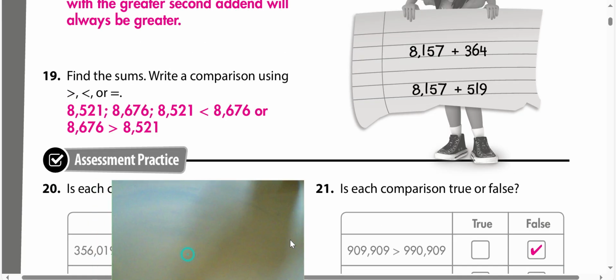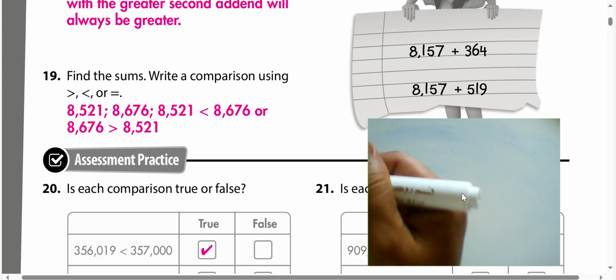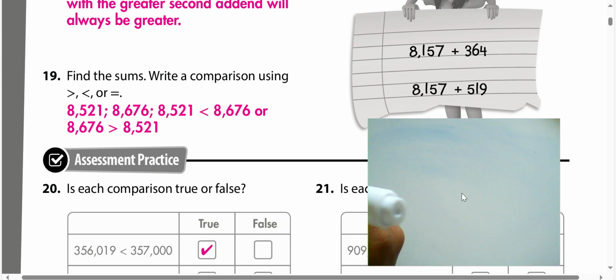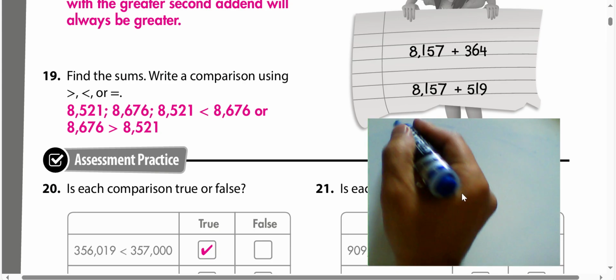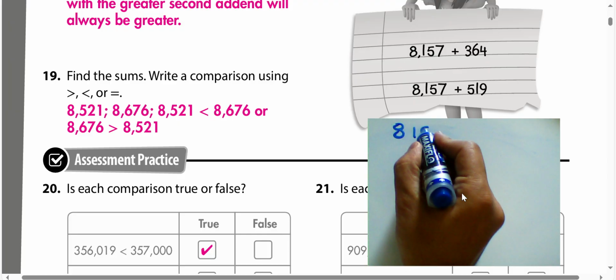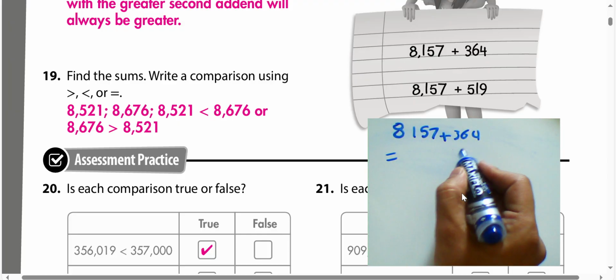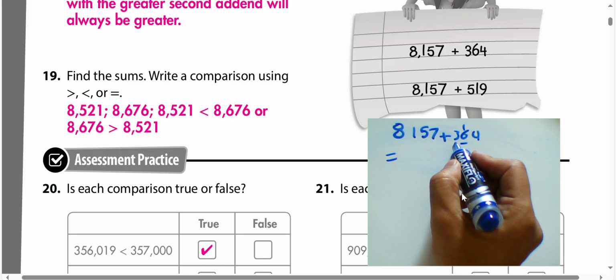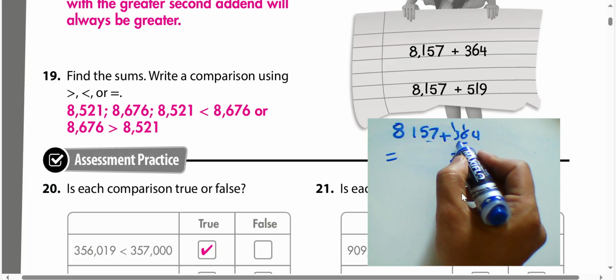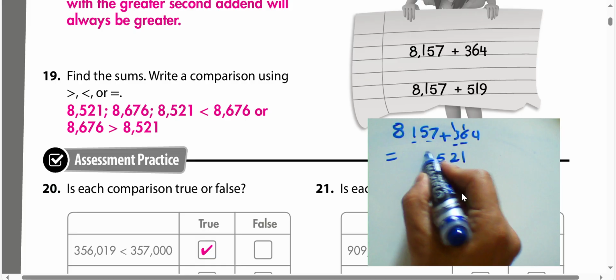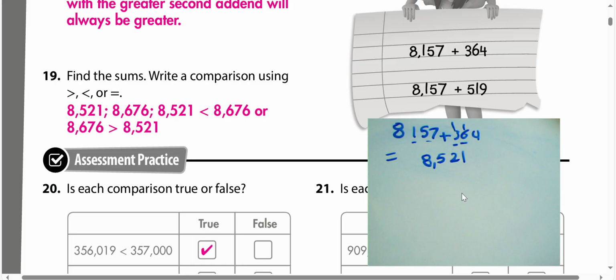Can you add them together here? We have 8157 plus 364. 7 plus 4 is 11, write 1 and carry 1. 6 plus 1 is 7. 7 plus 5 is 12, write 2 and carry 1. 3 plus 1 is 4. 4 plus 1 is 5 and 8, so 8521.